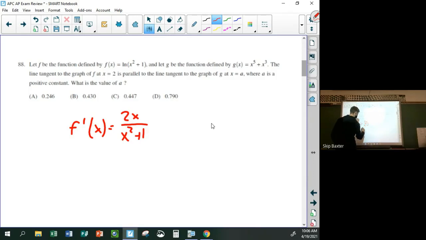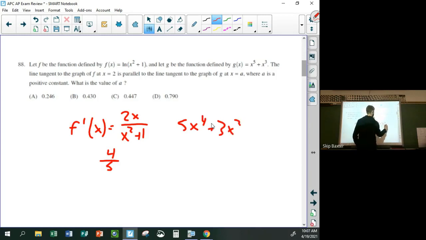At x equals 2. If that equals this, the 4/5, yeah, it's the same slope.